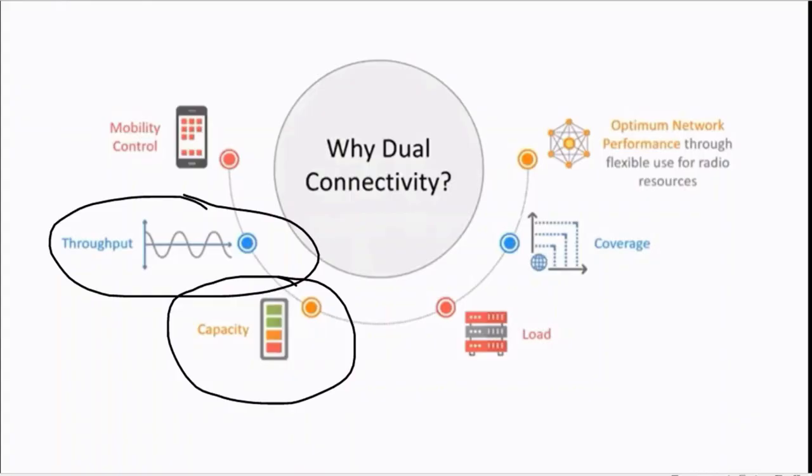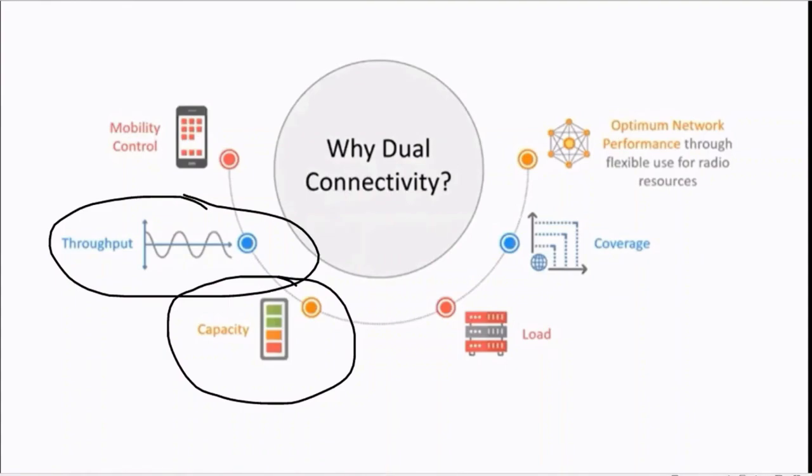Capacity could be user capacity, capacity could be throughput capacity. So can I give more and more throughput to a user? The answer is yes, because I can push more and more data. Also, can you support more subscribers? The answer is yes, right? So in both ways, I can use the user capacity and the throughput capacity as well.